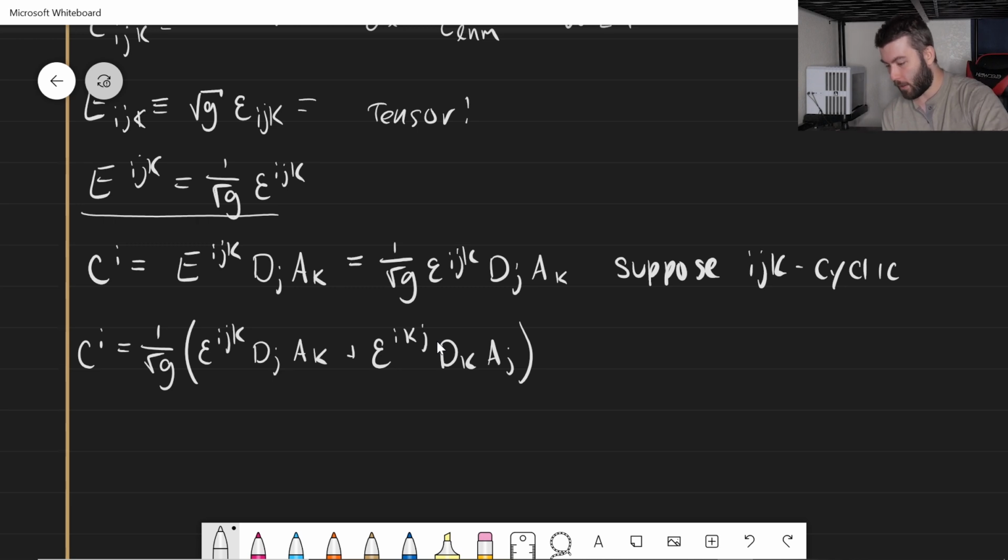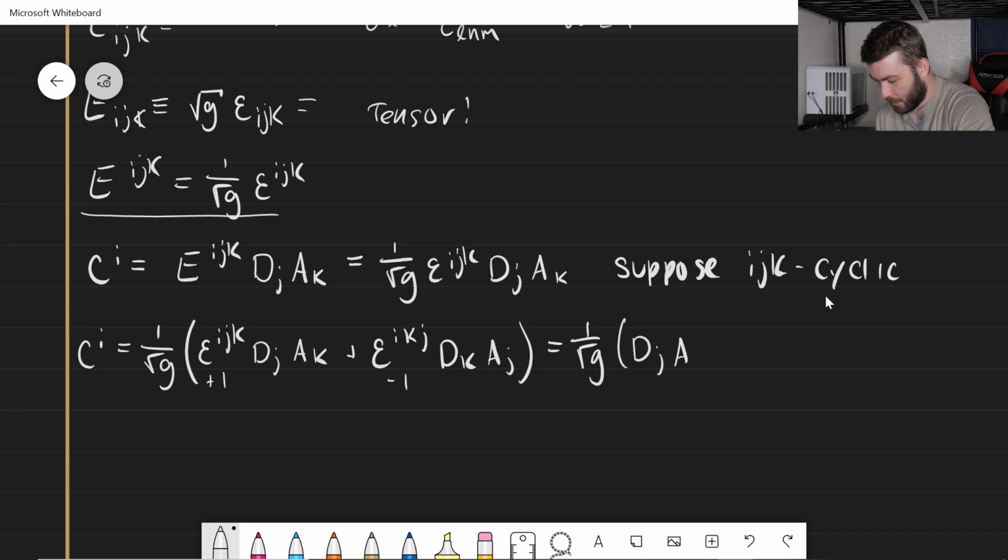Now if it's cyclic, you get a 1, if it's anti-cyclic, you get a -1. So epsilon ijk gives us a 1, ikj gives us a -1. So this is equal to 1 over root g, dj ak minus dk aj.